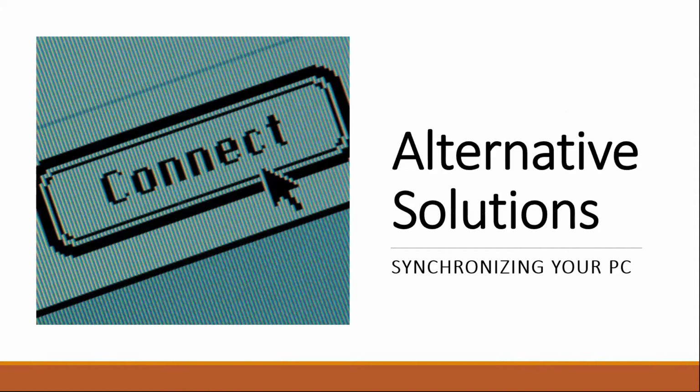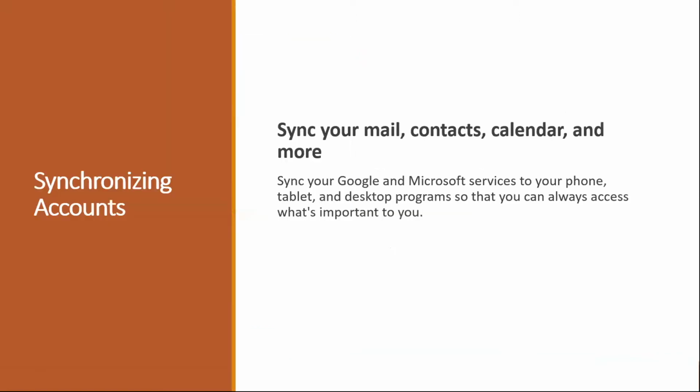So here are some alternate solutions you could also use to synchronize your PC. When you're synchronizing your accounts, such as your mail, contacts, and calendar, you can use your Google and Microsoft services to do this.